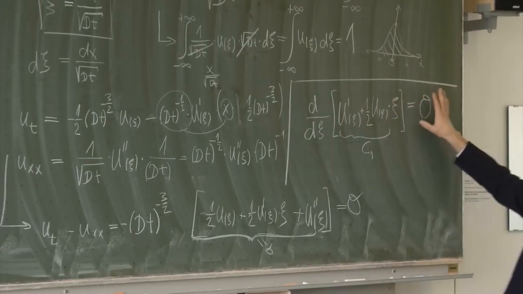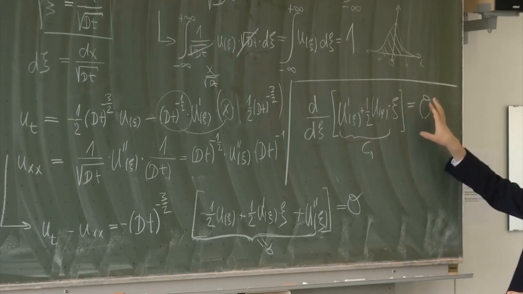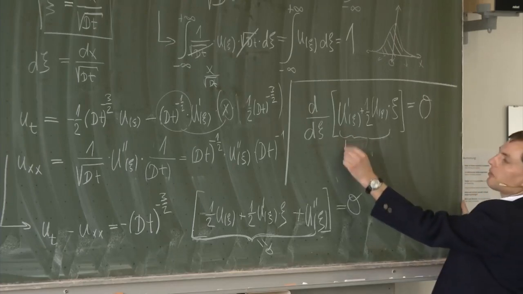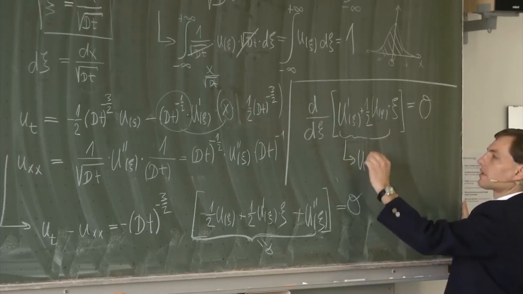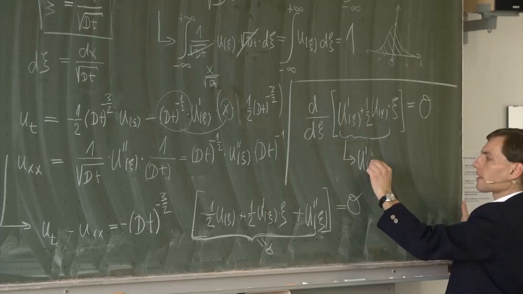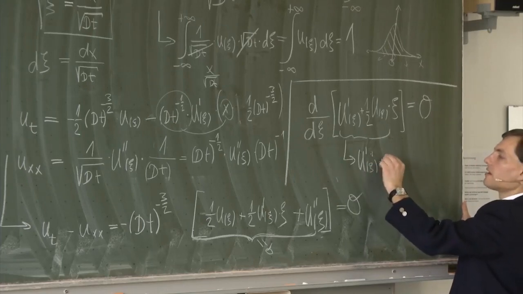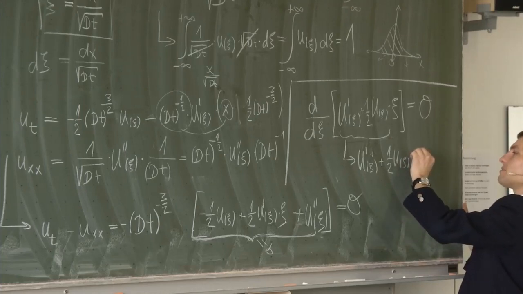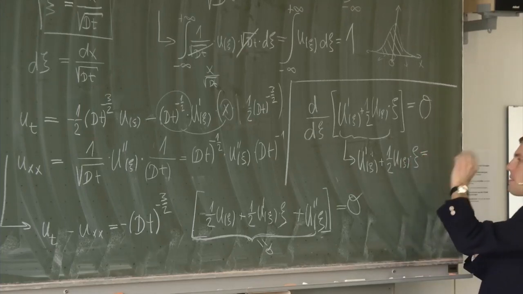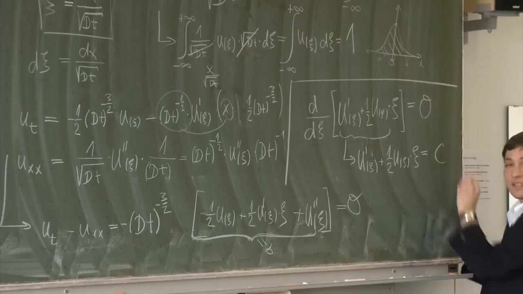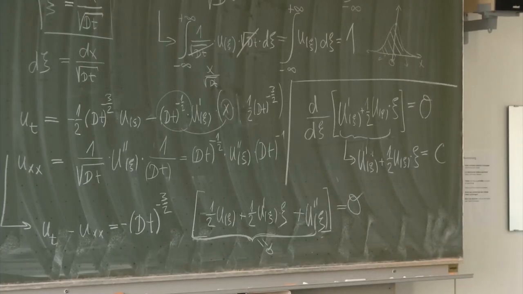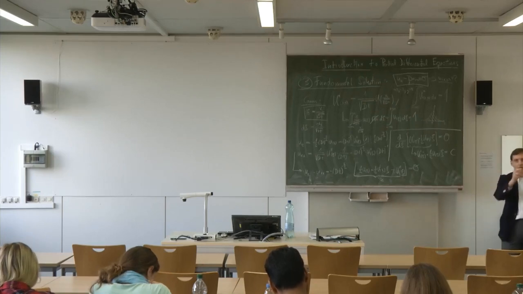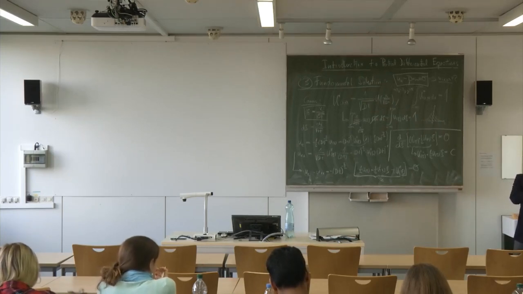So in other words, from here it follows that u prime of psi plus 1 over 2 u of psi times psi is 0, or, more generally, it can be a constant, because the derivative of a constant is also 0. We don't know it so far. Luckily, we'll see in a second that the c is even 0.